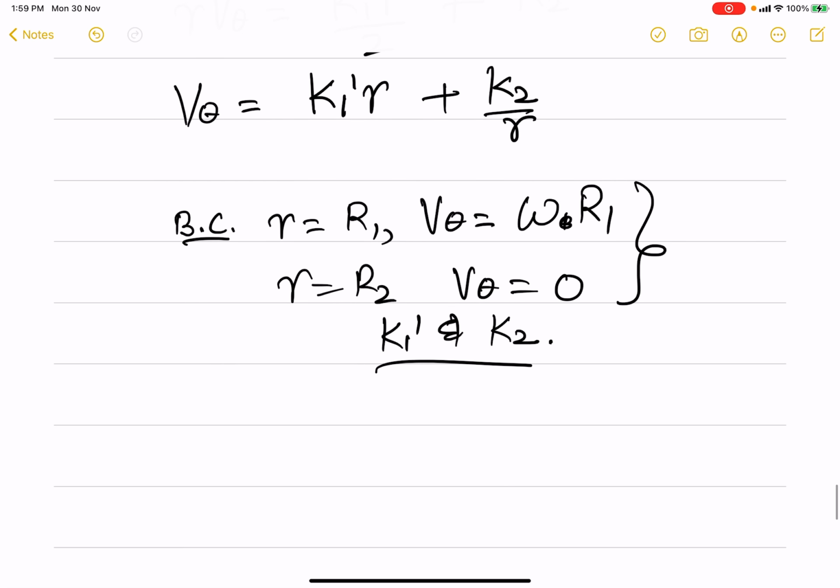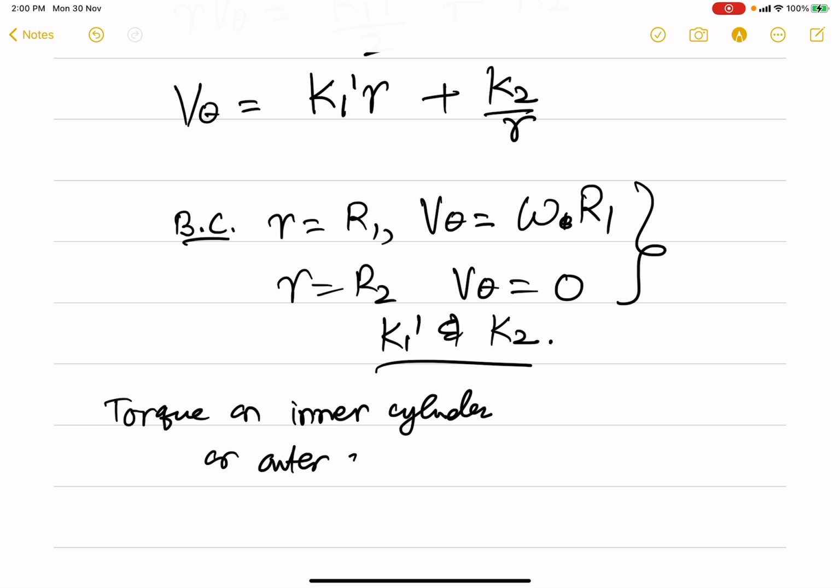I will leave this for you to work out. But now suppose one has to find the torque on the inner cylinder or the outer cylinder, which is needed for this motion.